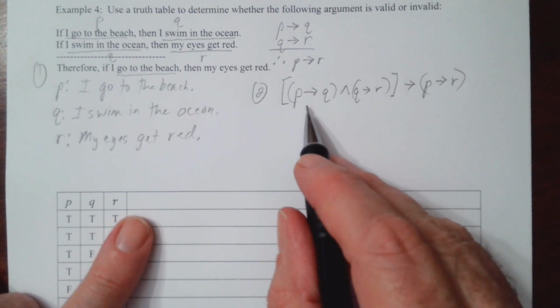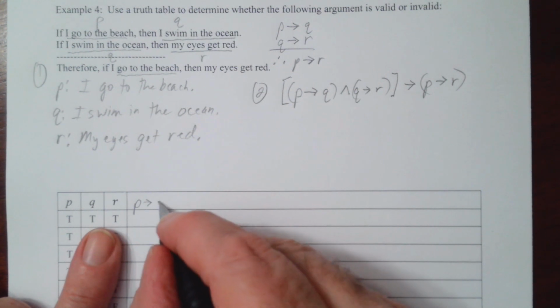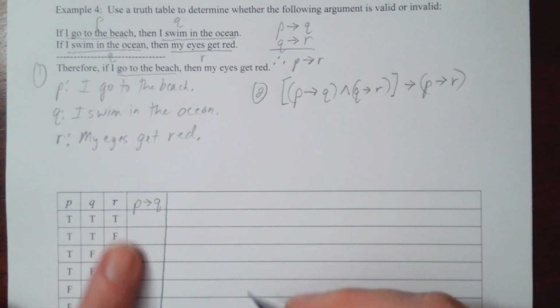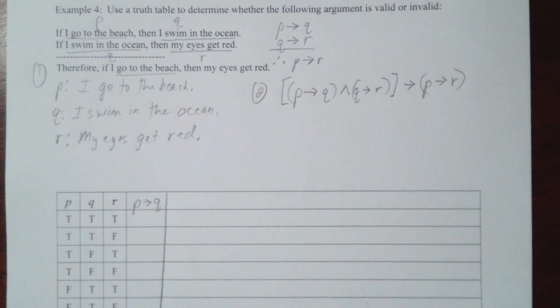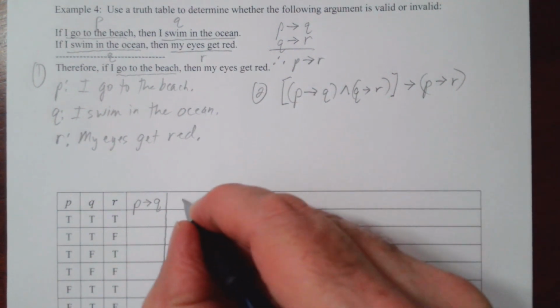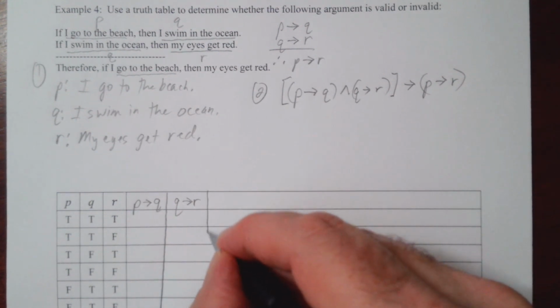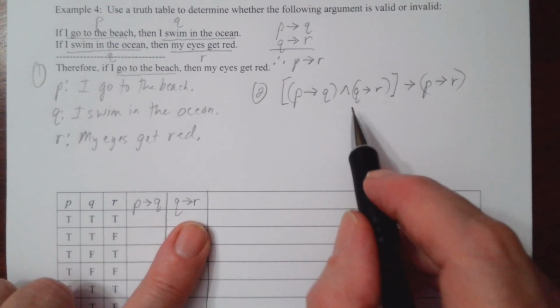So you can see that first of all, we're going to need to know our truth values for P implies Q. You might want to write small here because we have a lot to do. And then Q implies R. And then we want to put those together with an and, so these 2 columns together.